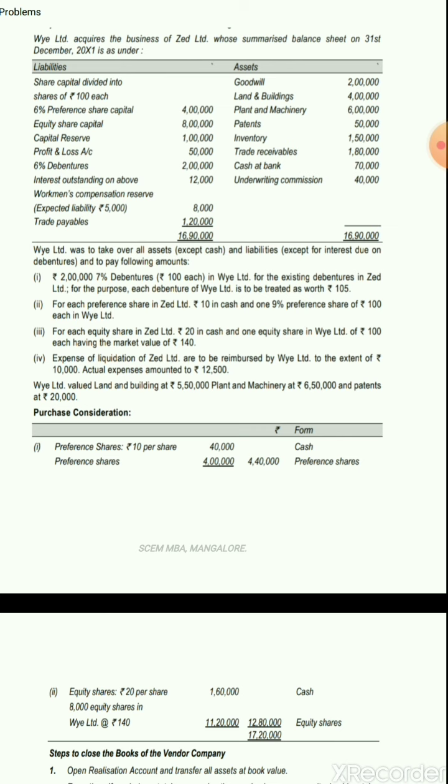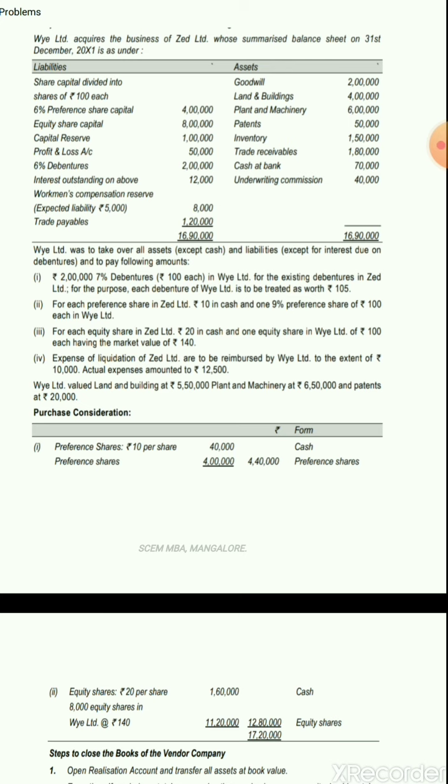Even though these items appear on the asset side, these items should not be included at any point of time. So these items cannot be transferred to realization account. This is one of the important points which you may have to make a note of. So goodwill, land and building, plant and machinery, patents, inventories, trade receivables, only these many items should be included, and not cash, because it is not being taken over by the transferee company.